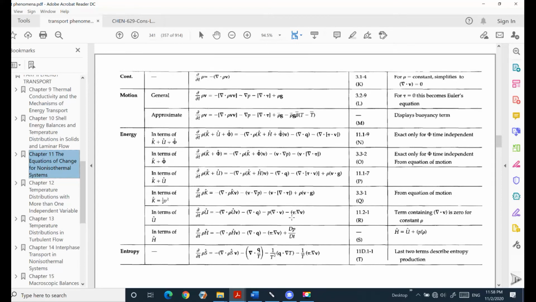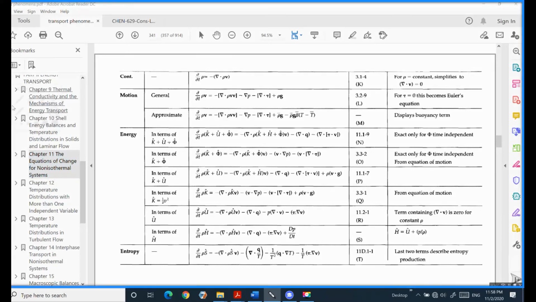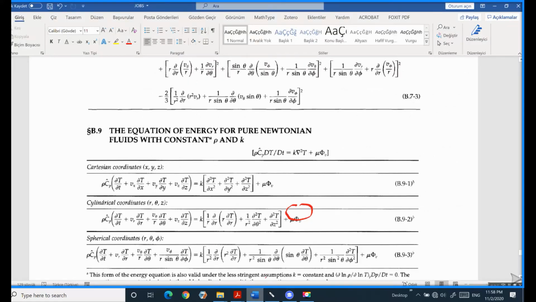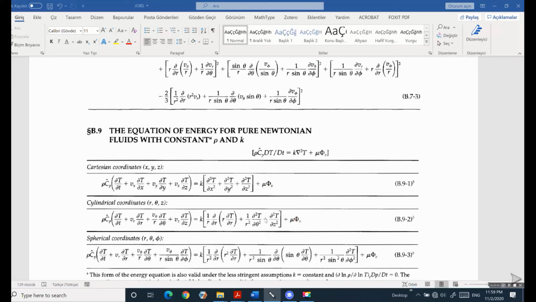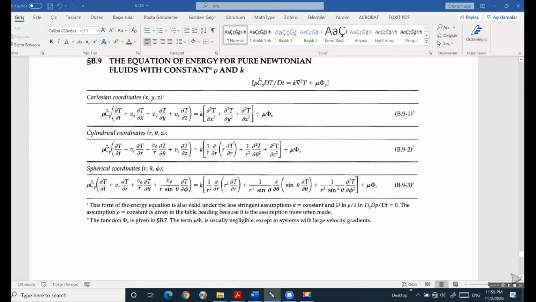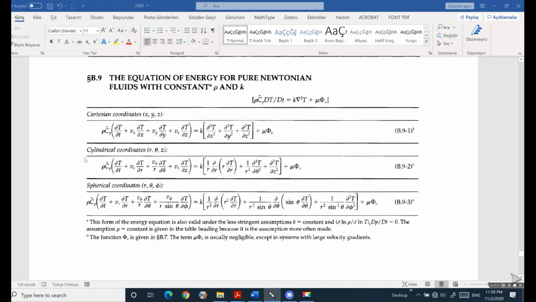Okay, this one is the viscous forces. The viscous forces here can be represented by that dissipation function. These are going to be the same here. Okay, let's continue our discussion of the energy equation. We are now in cylindrical coordinates.